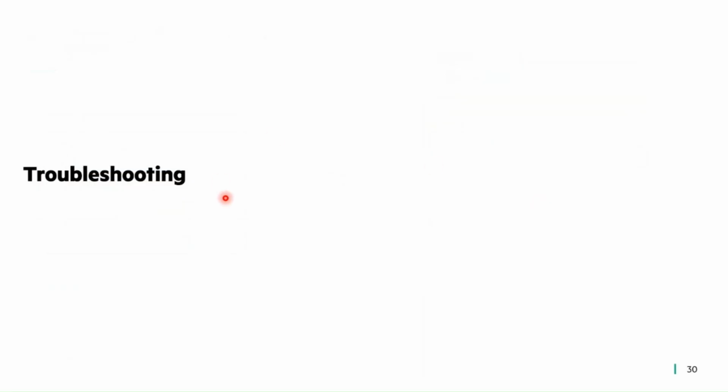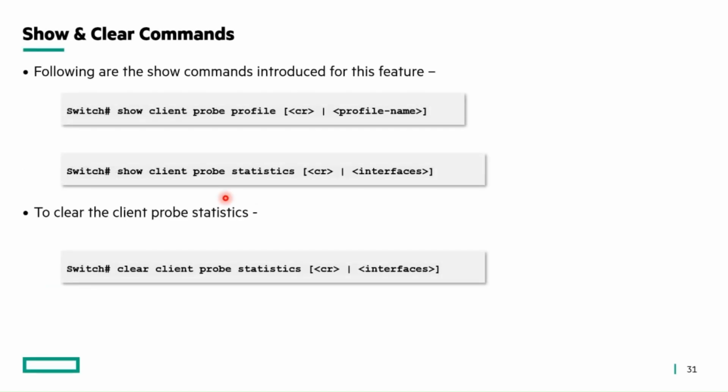Let's jump into the troubleshooting section here. First, let's see the show and clear commands introduced as part of this feature. Following are the new show commands. Show client probe profile will either list all the probe profiles, or you can also use the profile specific show command.